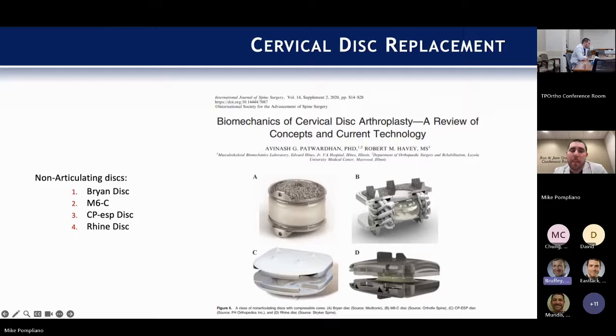Correct. So we don't know adjacent segment failure rates for the different designs compared to the others, correct? Correct. I don't think there's any head-to-head studies. I think there's been some that look at general trends in materials, but not necessarily head-to-head for the implants themselves.